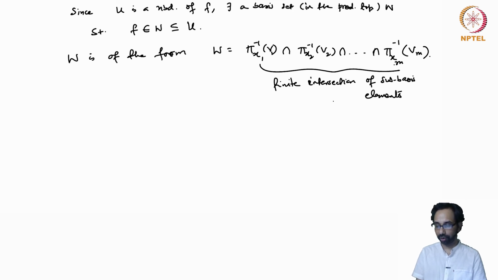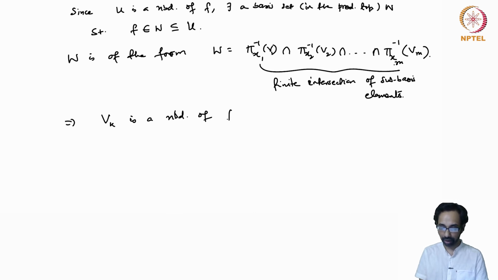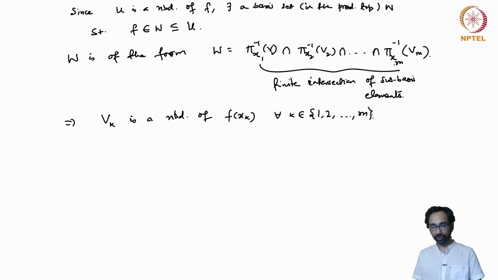in the product topology. So W is of this form, and notice that this implies that vk is a neighborhood of f of xk for all k belonging to the set 1, 2 up to m. So this just means that fxk is contained in vk.